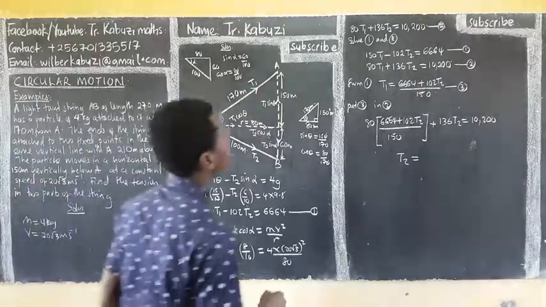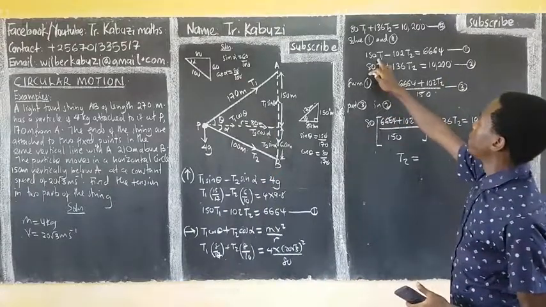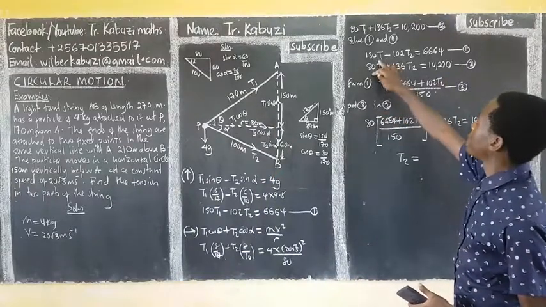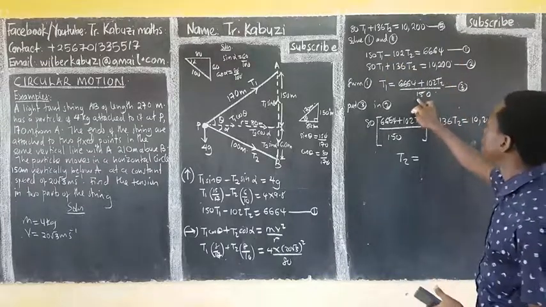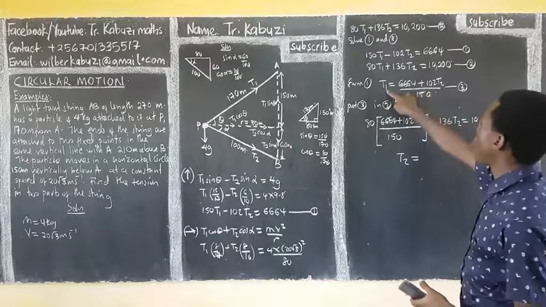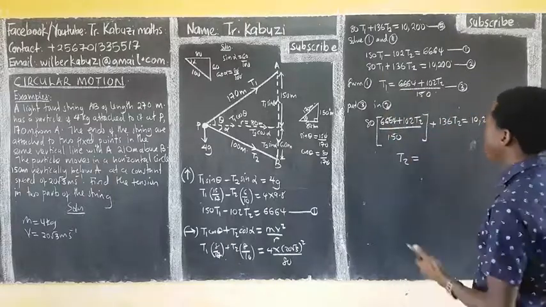Okay, now what we do, put them here. Now after that, from 1, I can make this the subject. I take this beside and I divide by 150. So then after this, now I have T1. Now I put this T1 in here. When I put it here, then we simplify.